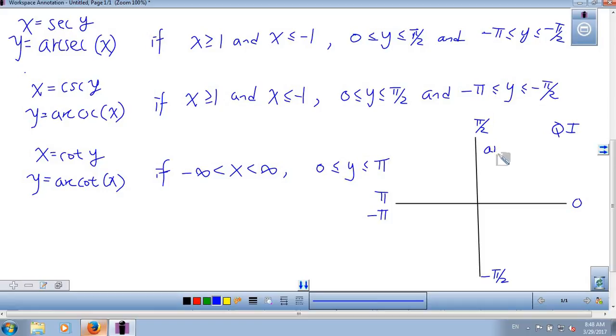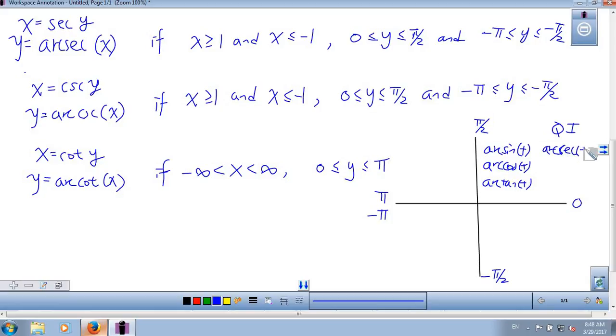So when we input a positive value into arcsine, you will return an angle between 0 and pi over 2. So we recall that quadrant 1, and it's actually the same thing for all the inverse functions.